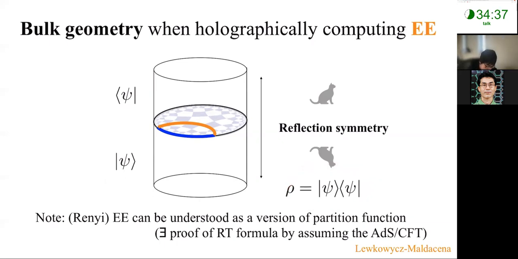So if we apply the previous dictionary in this example, the future state and past state should be the same. So in other words, we have some reflection symmetry along this time slice. So if we compute entanglement entropy, the dual geometry has a very particular symmetry.